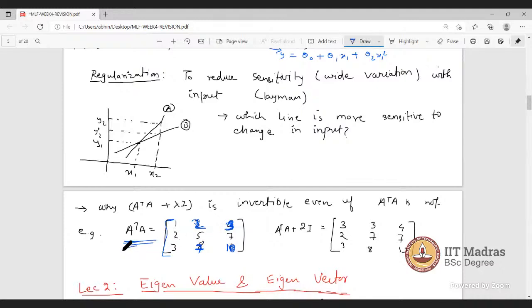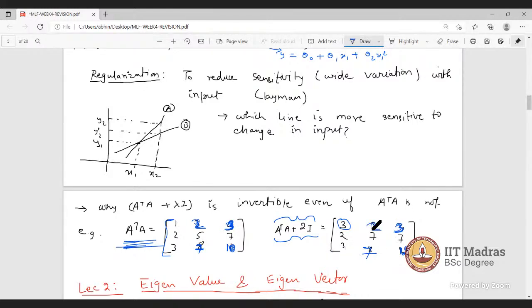Now, even if A transpose A is not invertible, you are adding 2I to A transpose A, right? So what is happening? The first element, instead of 1, has become 3. This has become 7. And this will become 12 in this case now. And this remains 7. This is 3.